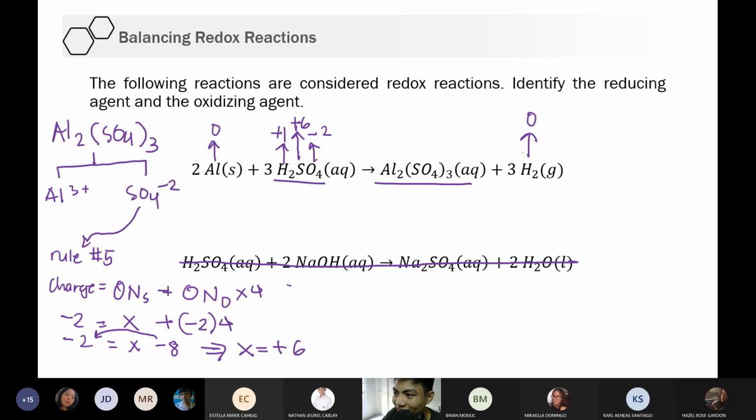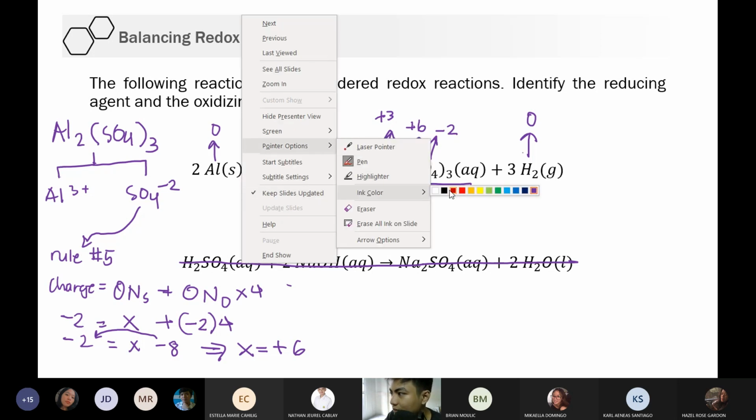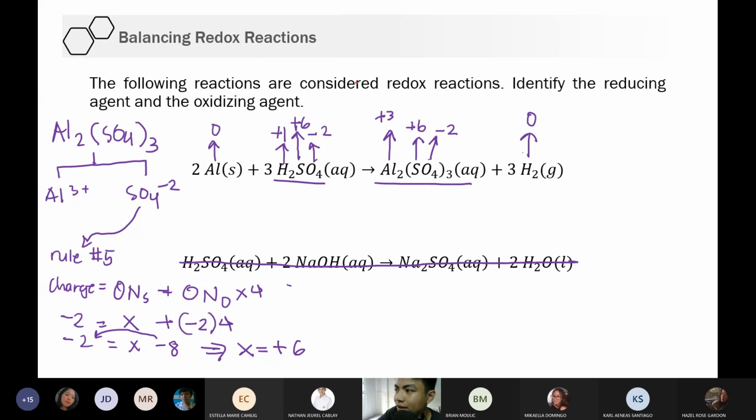Ayan pa rin pala. Rule number 5. Same pa rin. Okay. Ang mahalaga lang yung aluminum. Alam natin 3 plus siya. So sulfur is still positive 6. Oxygen still negative 2. Okay. Because we have still the same sulfate. Okay. So with that, papalitan ko lang yung color ko. Ayan.